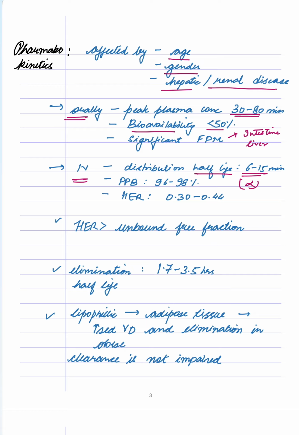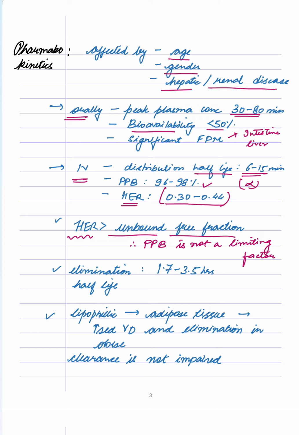Plasma protein binding is 96 to 98%, and the hepatic extraction ratio ranges from 0.30 to 0.44. Even though this hepatic extraction ratio is low to intermediate, it does not interfere with the clearance, as the hepatic extraction ratio is still more than the unbound free fraction. Therefore, the plasma protein binding is not a limiting factor.